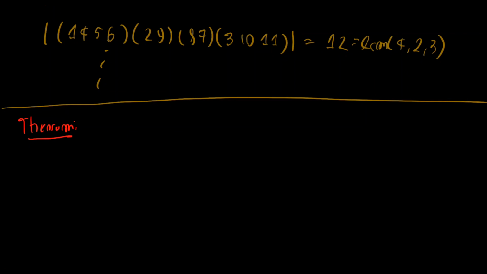Of course, we have to suppose that the permutations we're taking are of a set of at least 2 elements, because otherwise it would not make sense. So for S_n, the group of permutations, the symmetric group, with n greater than 1, of course, every sigma in S_n can be written as a product of 2 cycles.